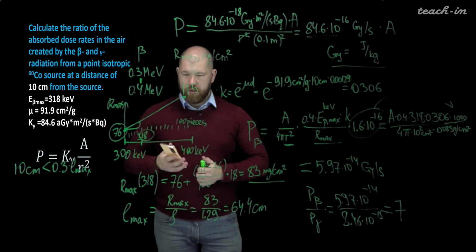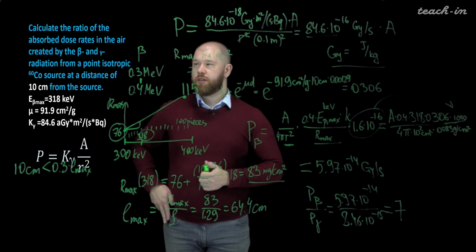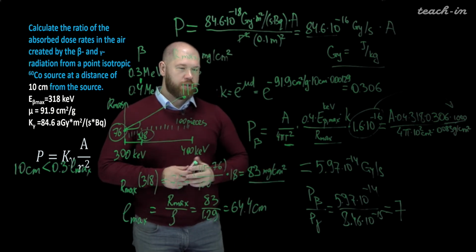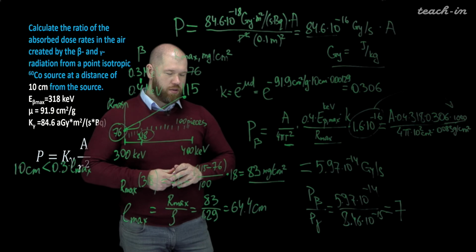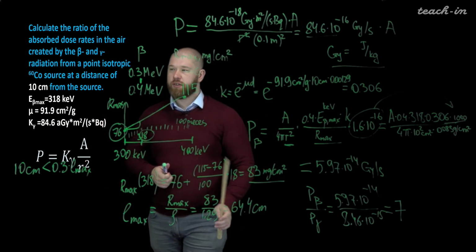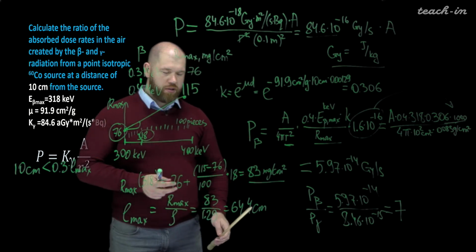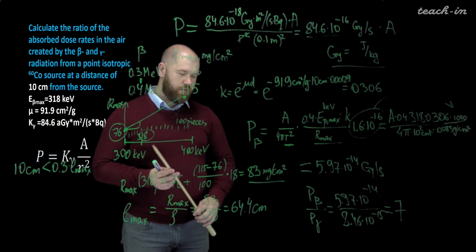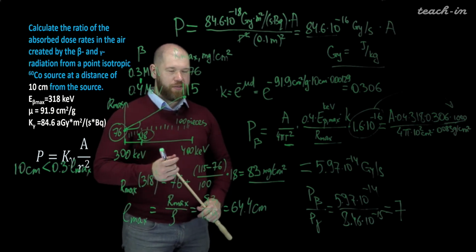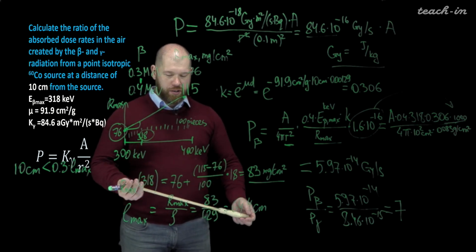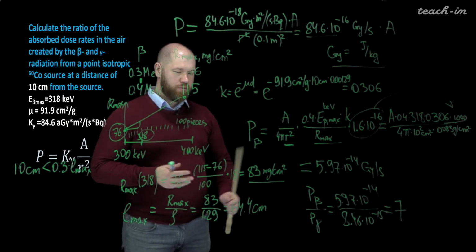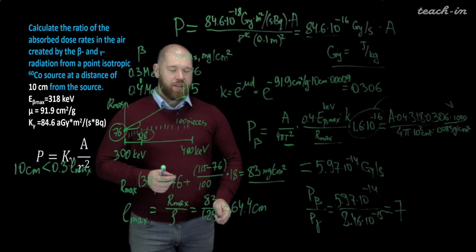So you can see that in this case, even if the maximum range of the beta particles is quite small, it's only 65 centimeters, let's say. So on the distance of 65 centimeters, no beta particles will go to our body, let's say.